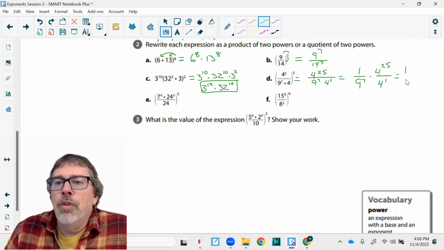Which would become 1 over 9 to the 7th times 4 to the 25 minus 1 is 4 to the 24th over 1. And when I put those back together, it would be 4 to the 24th over 9 to the 7th. So this would be our answer.